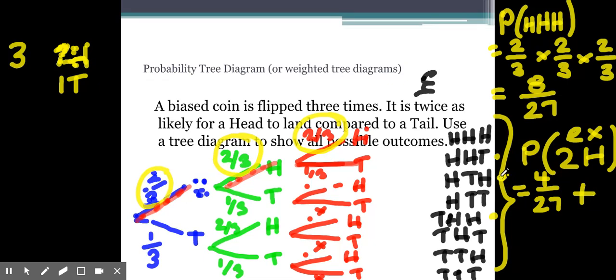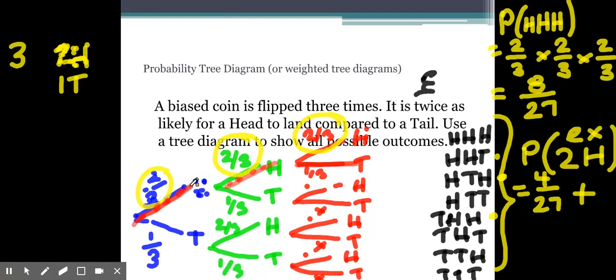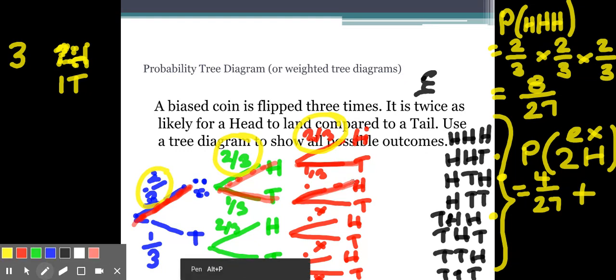I have to follow the tree diagram. Head, tail, head. And that will be 2/3 times 1/3 times 2/3, which again is 4/27.